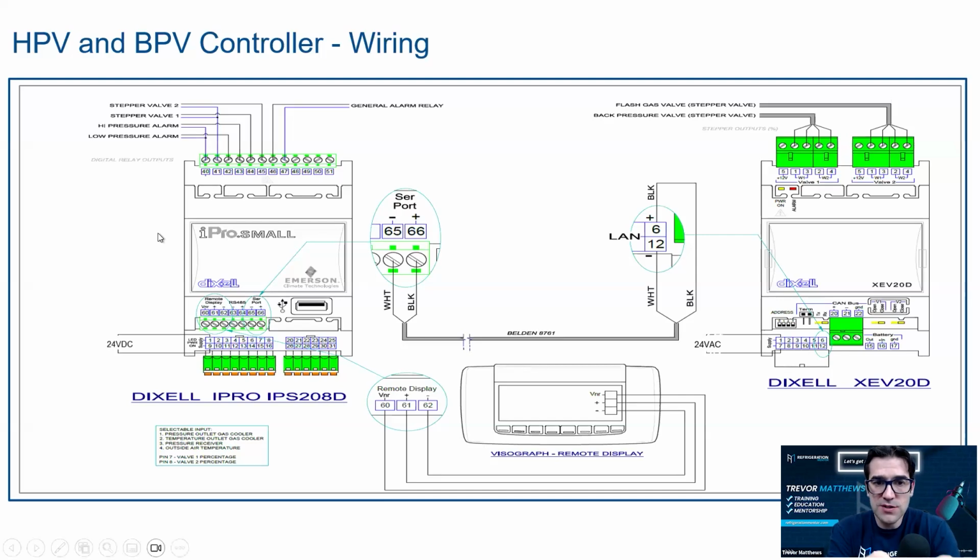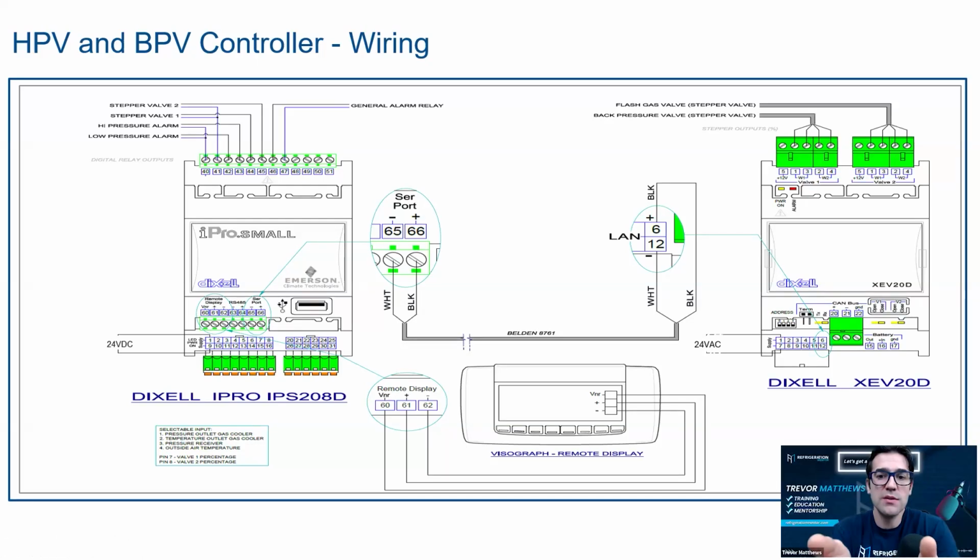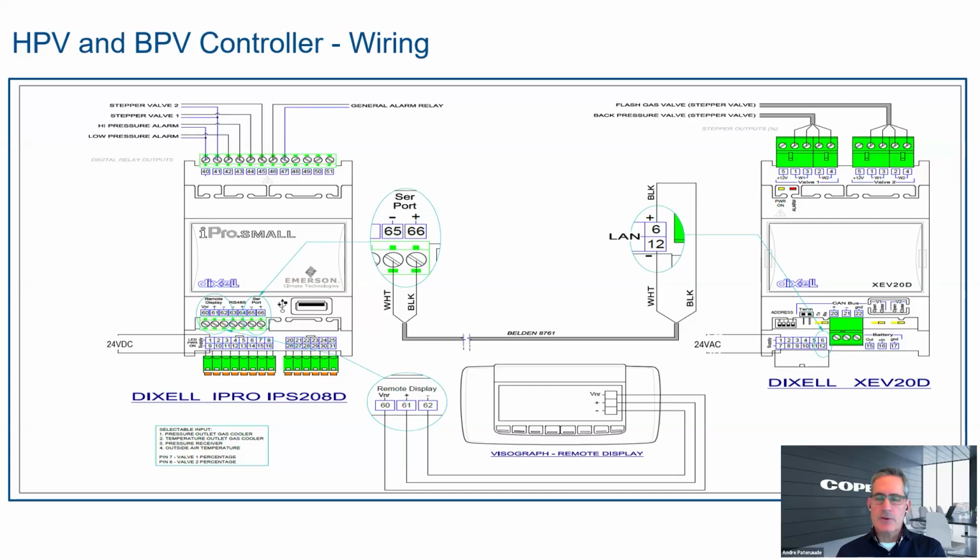And then between your service port, it's sending that signal to say, open the valve and close the valve. So the XEV20D is just kind of like the base to receive the information from the iPro, correct? Yeah, we call it a dummy driver. You know, we also have another version from our Alco Europe that could also be used. But you're absolutely right, Trevor.